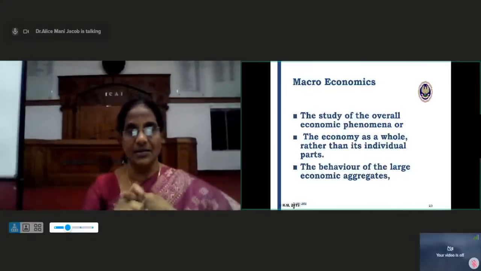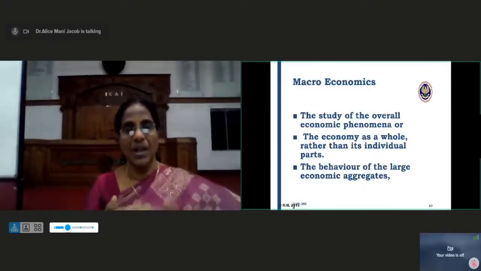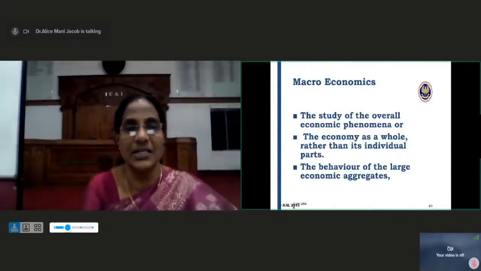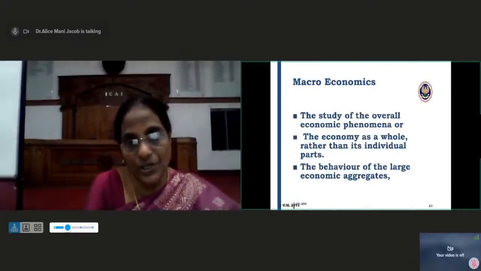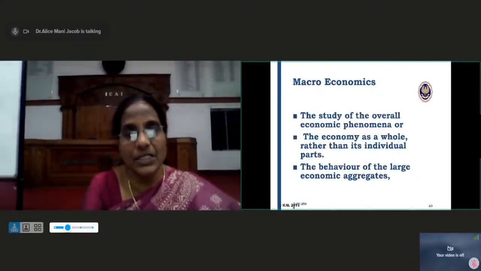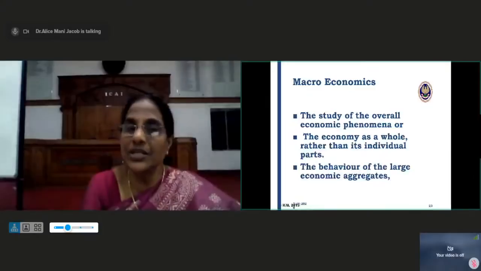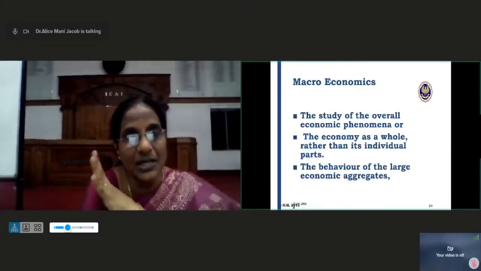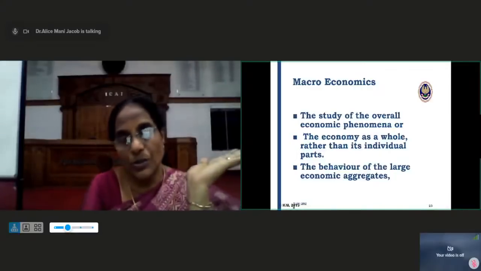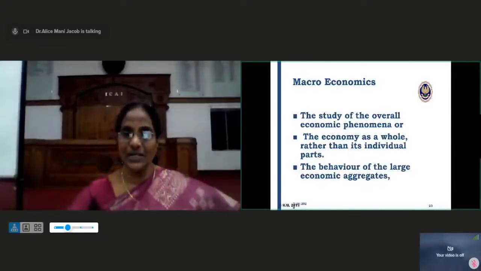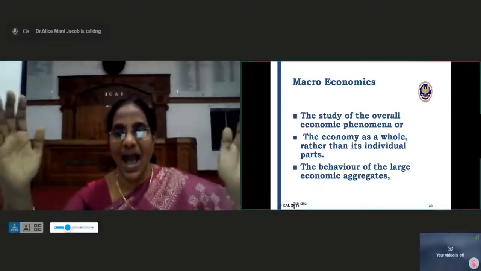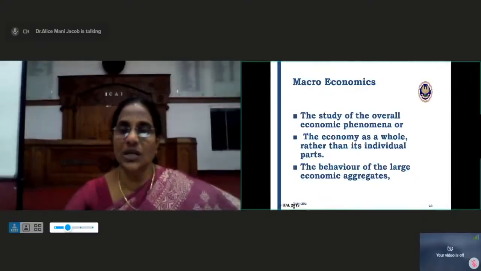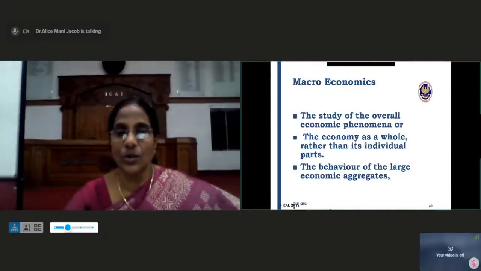Exchange rate, the demand for dollars, supply of dollars, decide the exchange rate between currencies, isn't it? That is macroeconomics. Very easy. Usually application questions come. Very easy to distinguish. Whatever you study in microeconomics is micro, and whatever you study in macroeconomics is macro. So it is large economic aggregate. Aggregate means total. If you are studying the total economy, it is macroeconomics.